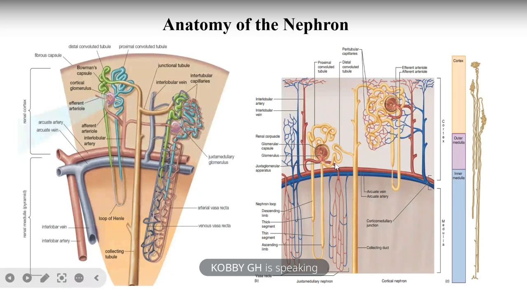Unlike the cortical nephrons, where the renal corpuscles are deep within the outer part of the cortex, for juxtamedullary nephrons the renal corpuscles are at the border of the cortical and medullary regions of the kidney.